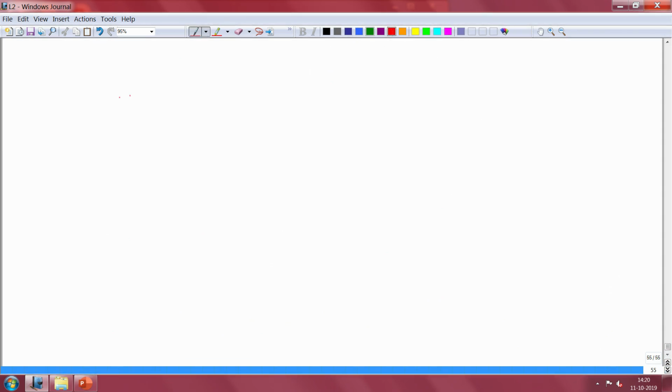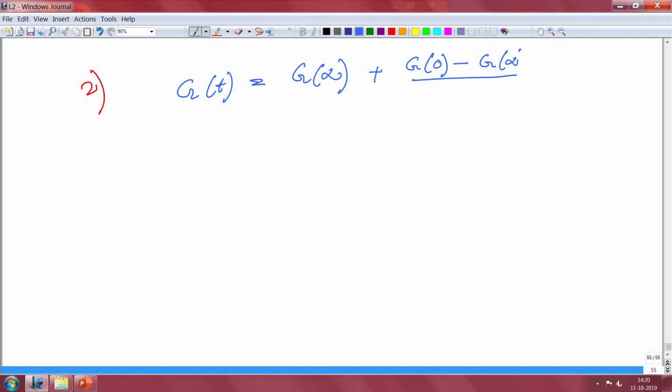Another possible functional form is a rational polynomial form, where G(t) is equal to some G infinity plus G naught, where G 0 means G at t equal to 0, and G infinity means G as t tends to infinity, over 1 plus t by lambda to the power some n. And this lambda is a fitting parameter that you can determine.